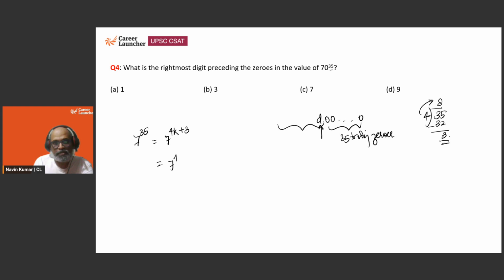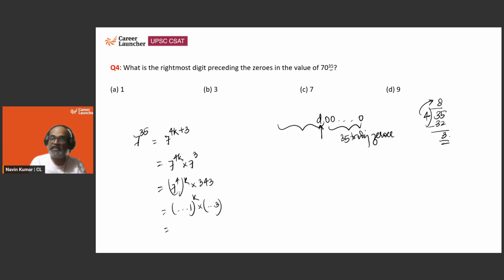Now 7 to the power 4k into 7 to the power 3 is what it changes to. When powers are added, it's because the same bases are getting multiplied. Now 7 to the power 4 is a number that will always end in 1. 7 to the power 4 is 2401, and 7 cube is 343, which ends in 3.